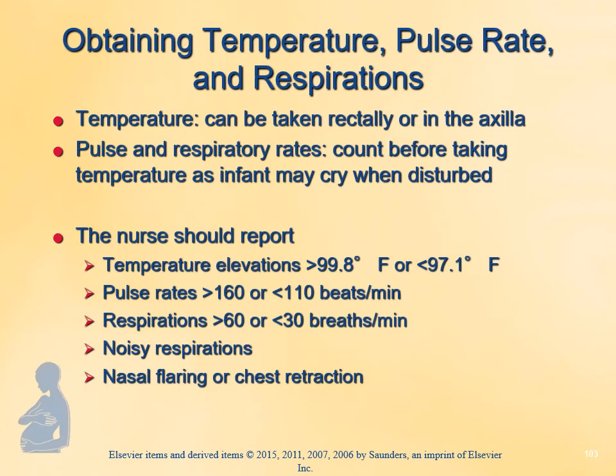Really, I tend to see in the facilities that I work in 97.4. Anytime it's less than 97.4, we tend to get concerned. And then for respiratory rate, we want it between 30 and 60. And then we hopefully won't see any other problems with respiration. So we don't want to hear any noisy respirations, and we don't want to see any nasal flaring or chest retraction. Those would be signs to report to the provider as an indication of respiratory distress.